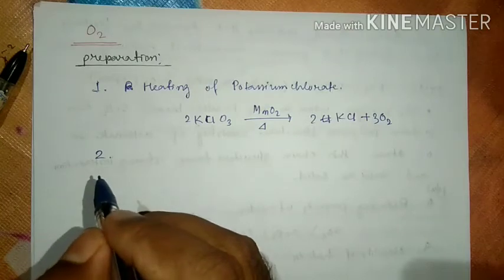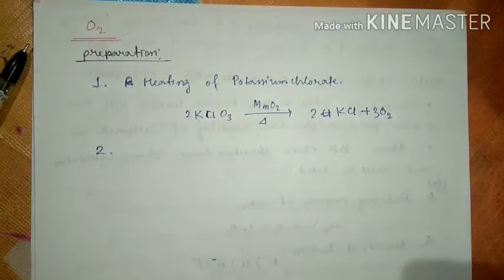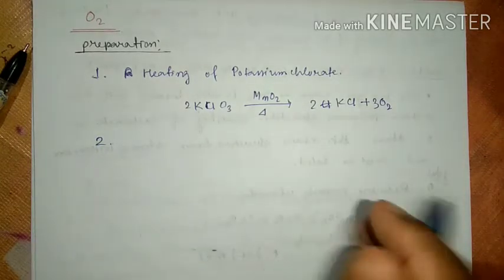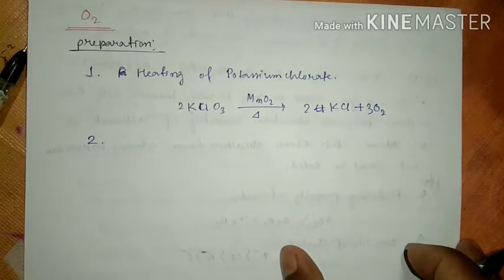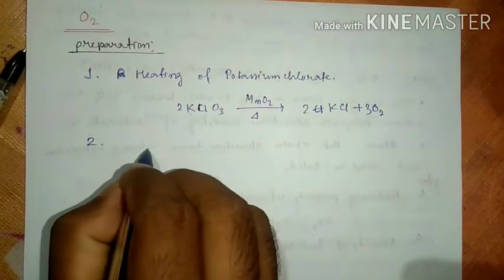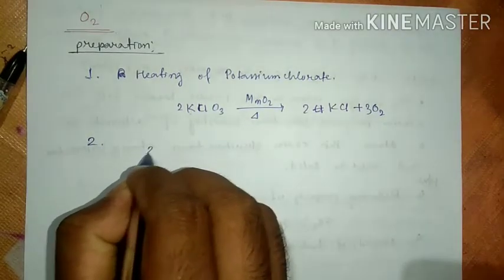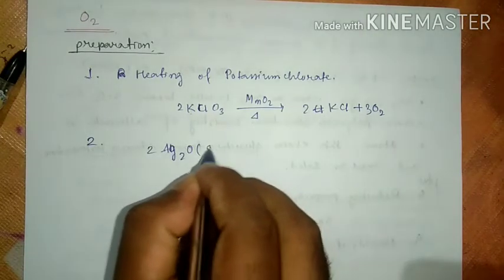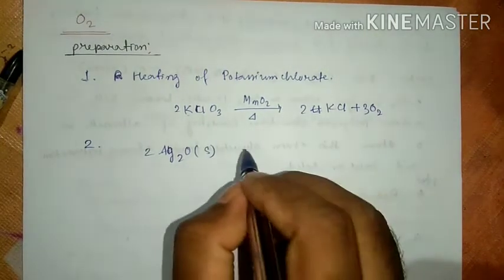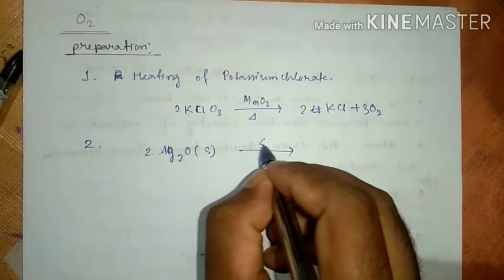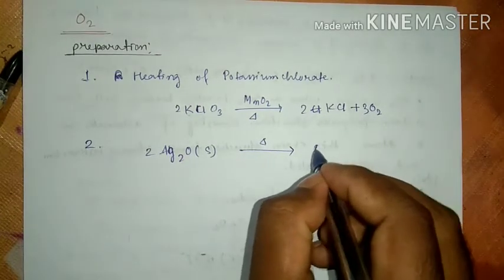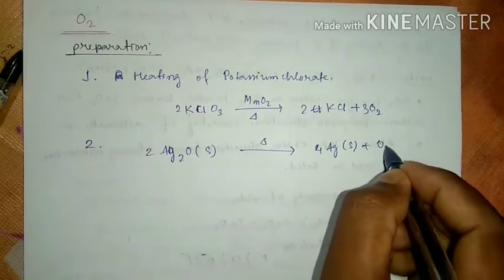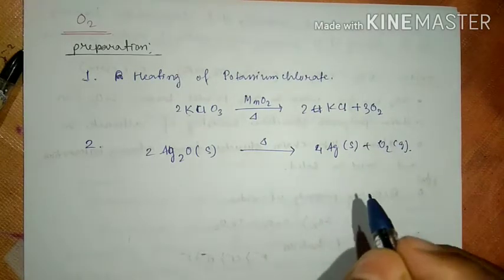The second preparation method is the thermal decomposition of chemicals. Suppose 2 moles of Ag2O solid, silver oxide, is thermally decomposed. In the presence of heat it decomposes to give 4 moles of silver solid plus O2 gas.